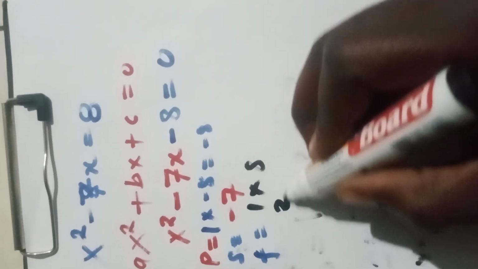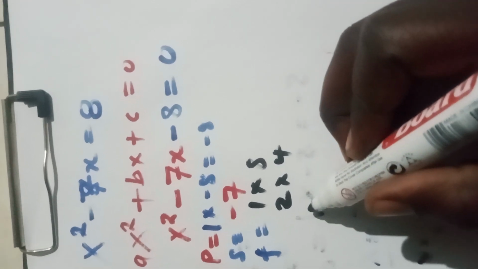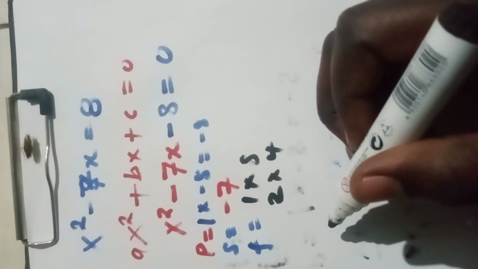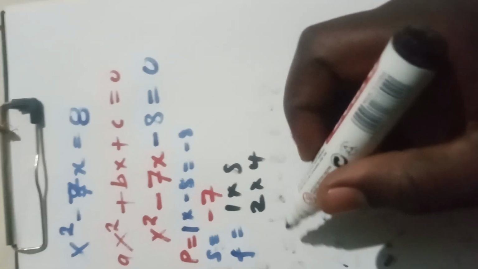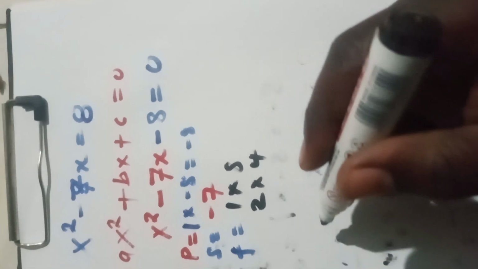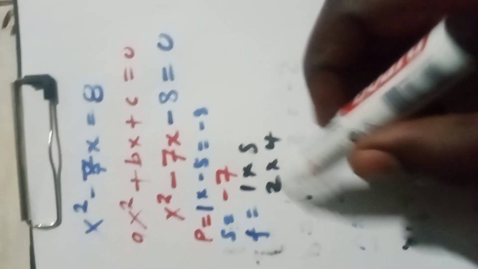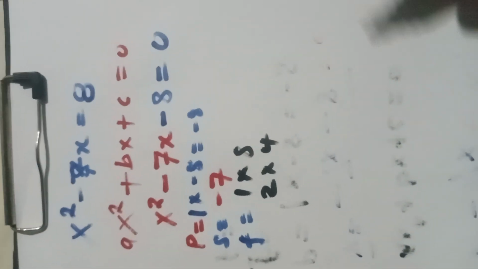Then we have also 2 and the 4. Then we also have, what else? Factors of 8, so 1, 8, 2, and 4. I think that's all. Yeah. So we have these two sets here where we have to do a test.